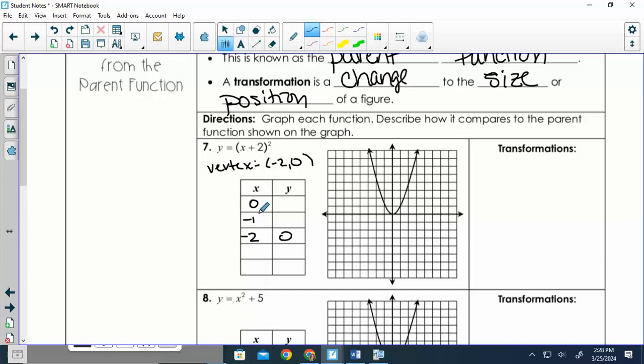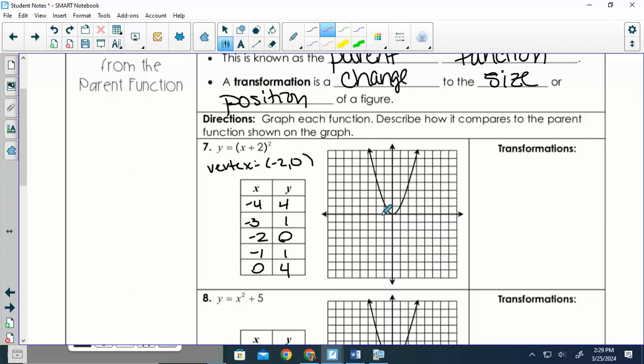So if we do our other points, go to the table feature on your calculator. When you put in -4, what do you get out? Everybody should be doing this. 4. -3 gives us 1, -2 gives 0, -1.